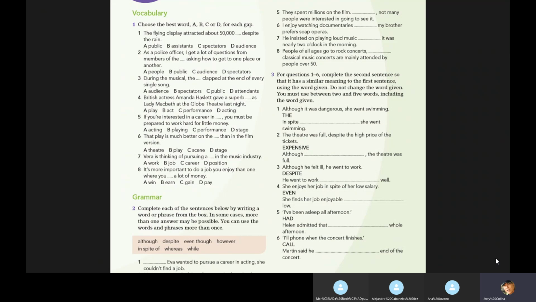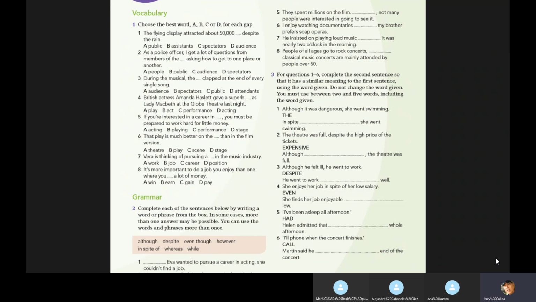Eso es un flying display. Pero en inglés decimos un flying display. The flying display, fíjense que como quiera que sea, esto es un evento deportivo, right? The flying display attracted about 50,000 despite the rain.